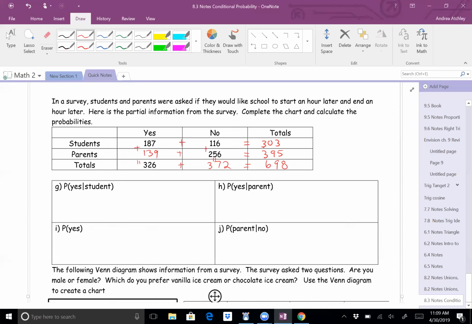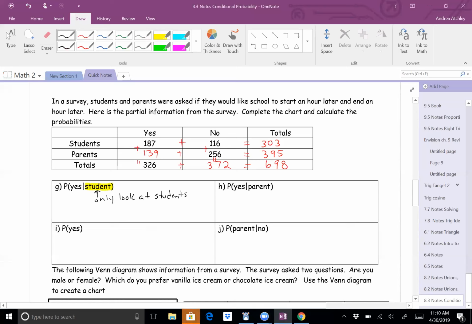Okay, so this is a survey for students and parents where they were asked if they would like school to start an hour later and end an hour later. Here is the partial information from the survey. Complete the chart and calculate the probabilities. So this is a given that, so only look at students. I don't care about anybody else.